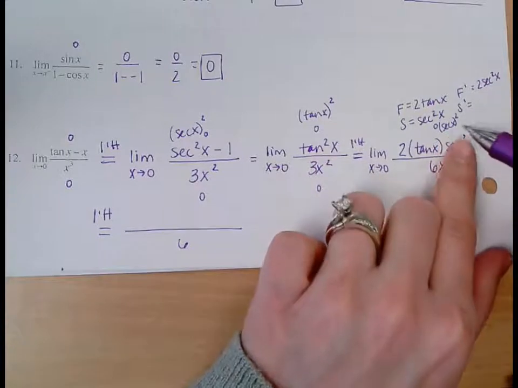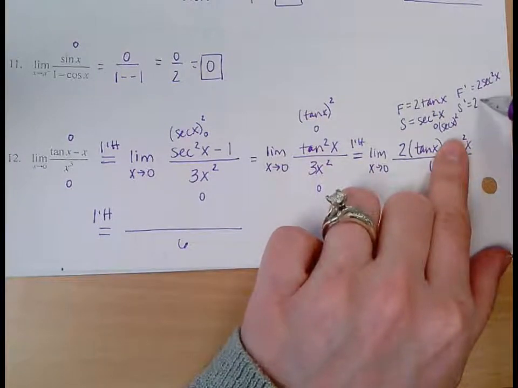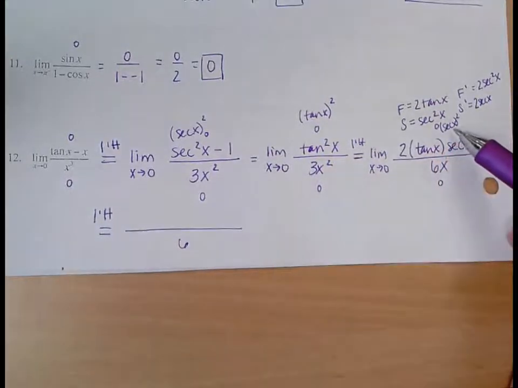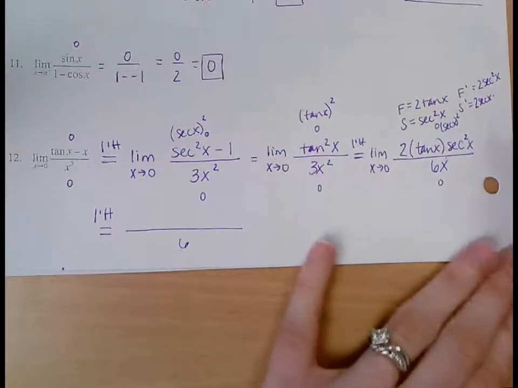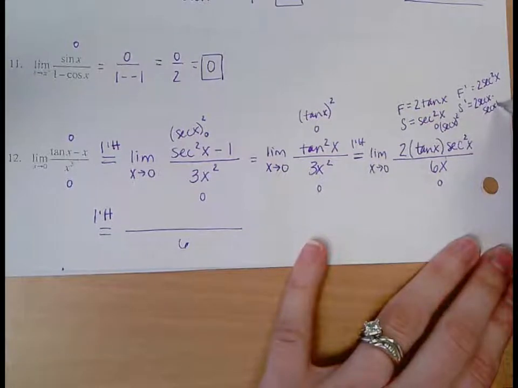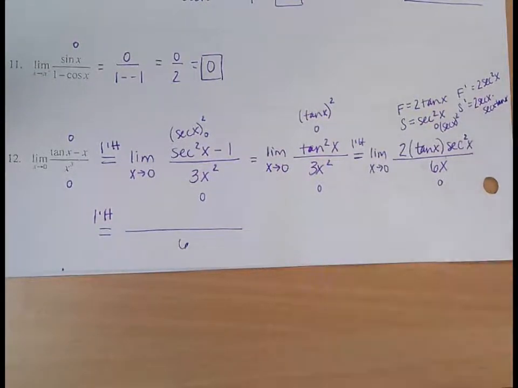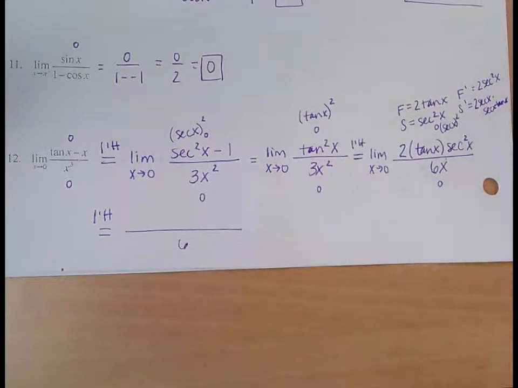So the derivative of the outside would be 2 times secant of x just to the first power, times the derivative of secant x. Does anybody remember what that is? Negative cosecant squared? That is the derivative of cotangent.